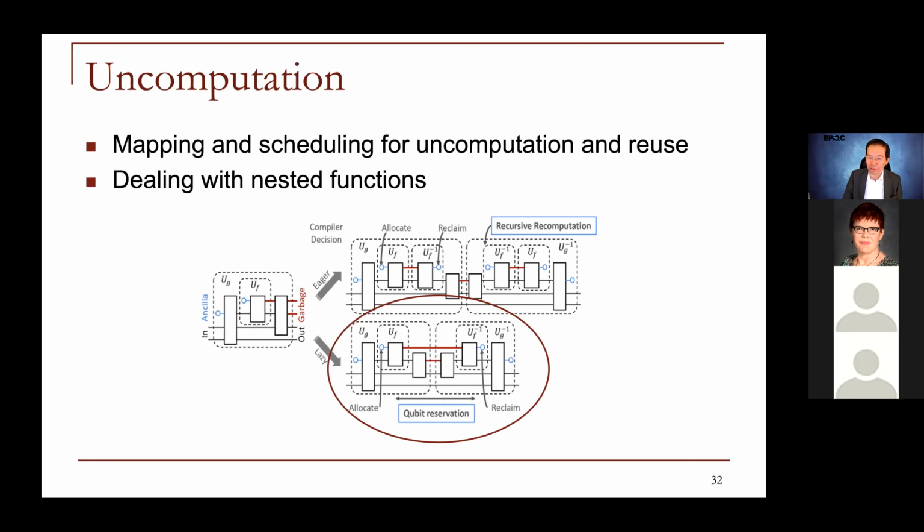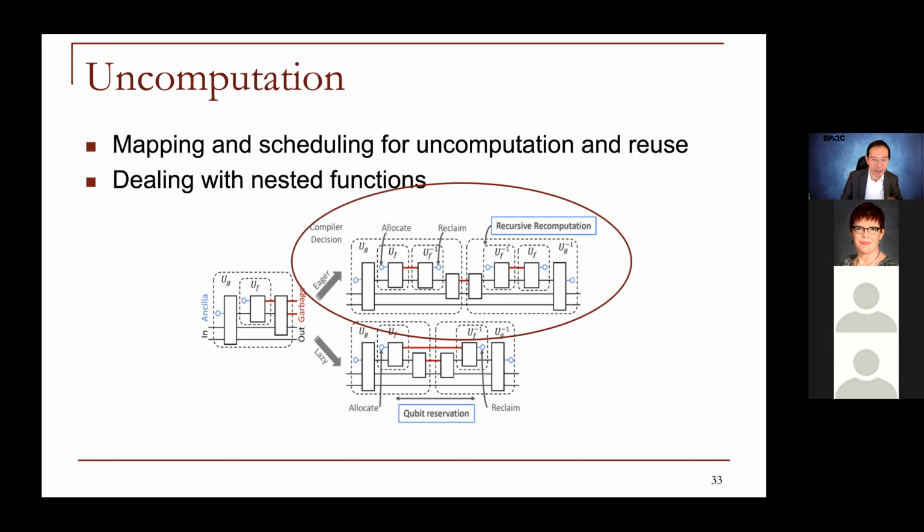So the blue circles come in on the left, those are ancilla qubits, and then they're being used. And once we uncompute, then we can get them back and use them again. Now, what's interesting is if you look at the top example, we can actually be more aggressive and uncompute U of F early, right?